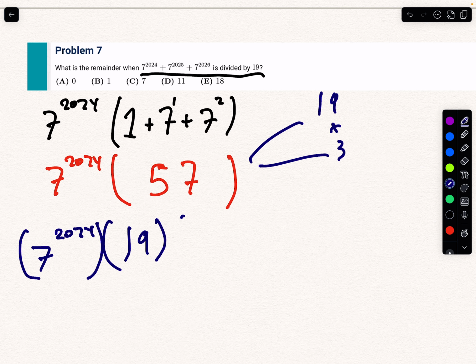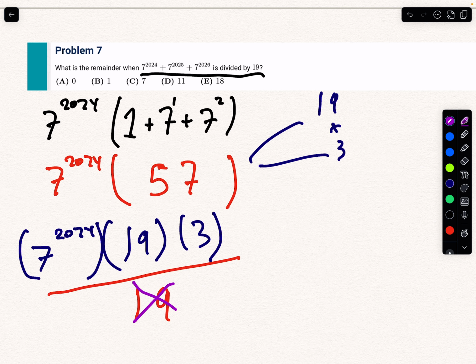And again, even though I've simplified it right now, the problem still looks impossible. However, we know that 57 is actually equal to 19 times 3.